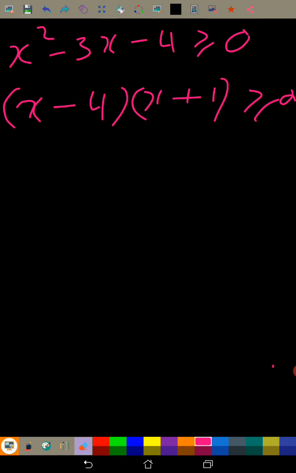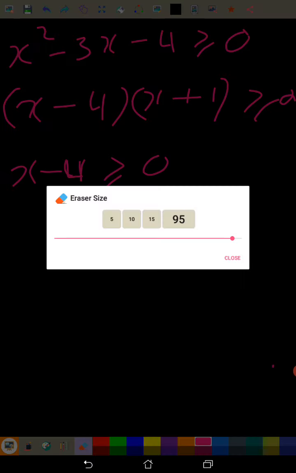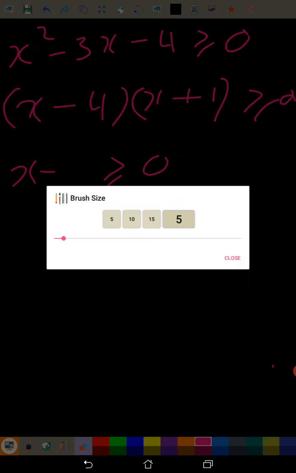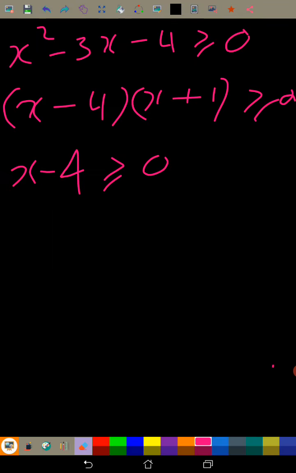So now we have inequalities. We have x minus 4 is greater or equal to 0. From now on I'm going to change the way I write my number 4, because sometimes it does not look beautiful. This is 4. We know that it's 4.